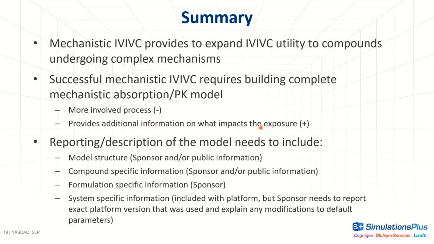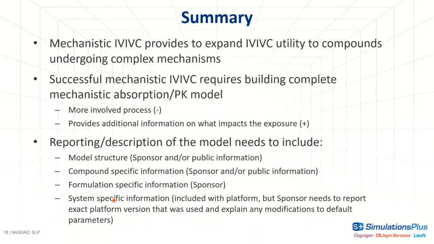The description or reporting of the model does require reporting the model structure, compound-specific information, system-specific information, and the formulation, which would be specific for the IV-IVC applications. Some of these could be potentially reusable as they are available in the public sources.